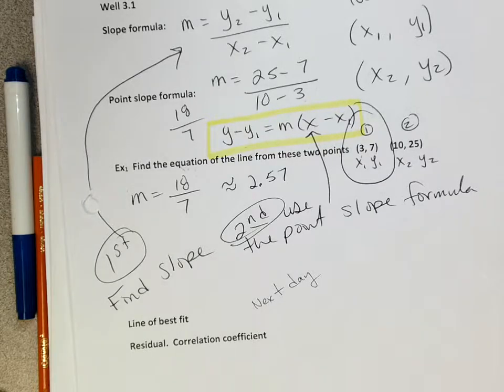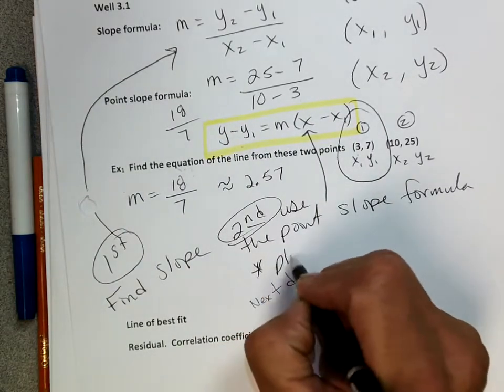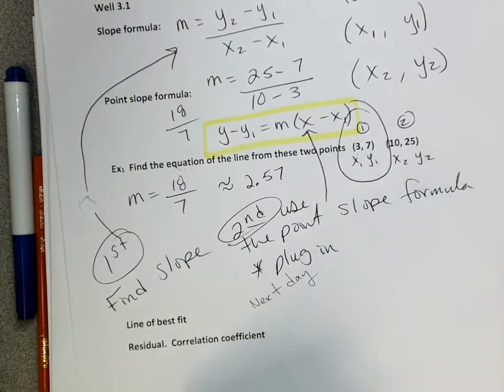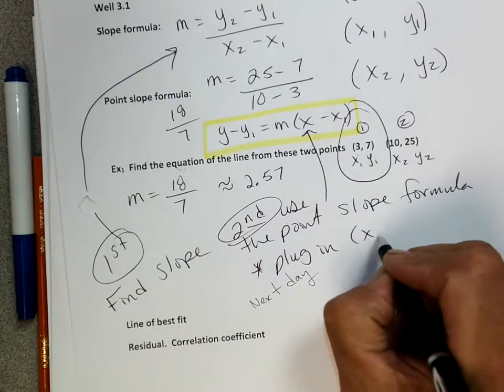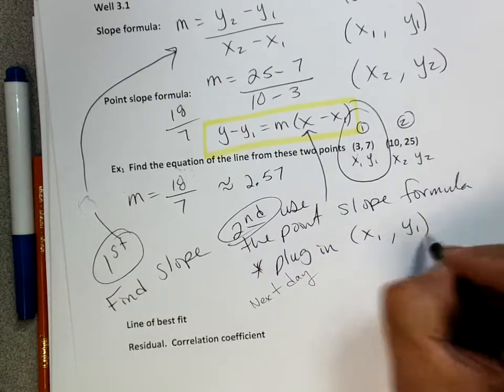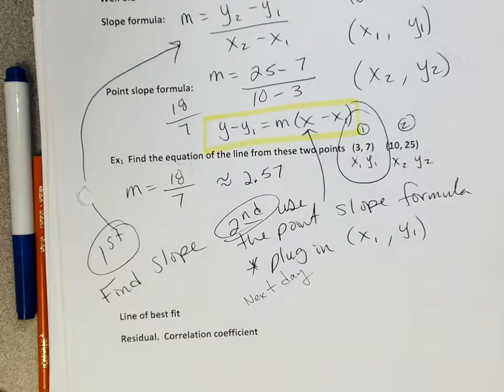Now, we're going to plug in x1, y1, which is our 3 and our 7. We'll put the 3 right there, the 7 right there, the 3 right there, and the 7 right there.